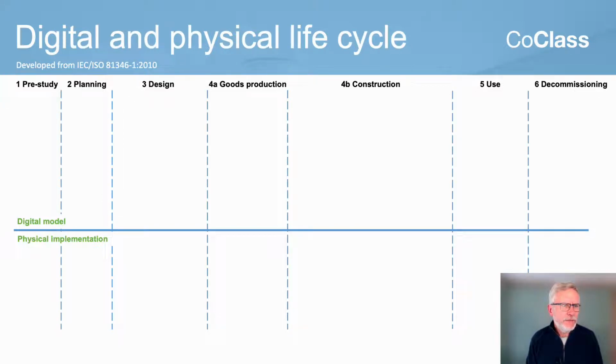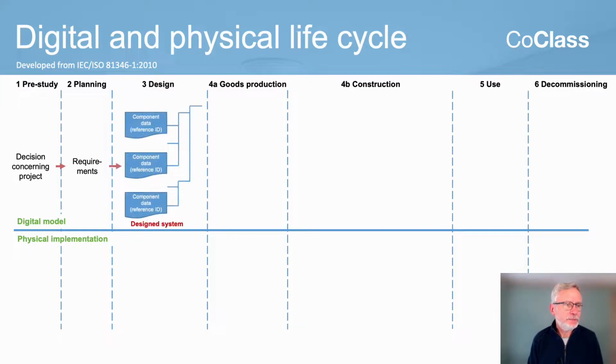I think this is a good way of describing the relations between the digital model above the horizontal line and the physical implementation. You start with the pre-study. You make a decision: yes, we will complete the project. You start with the planning and define all the requirements needed.